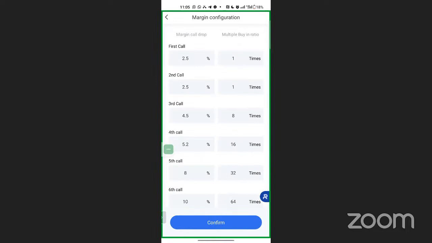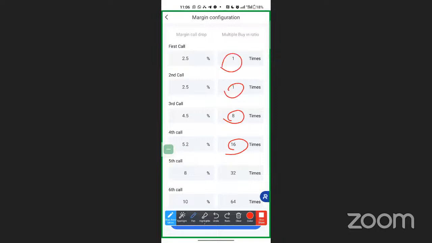Now, if you have your capital, understand that the first 4 margin calls are the ones that usually provide big profit. Can I make that sense good? The first 4 margin calls are the ones that give more profit.